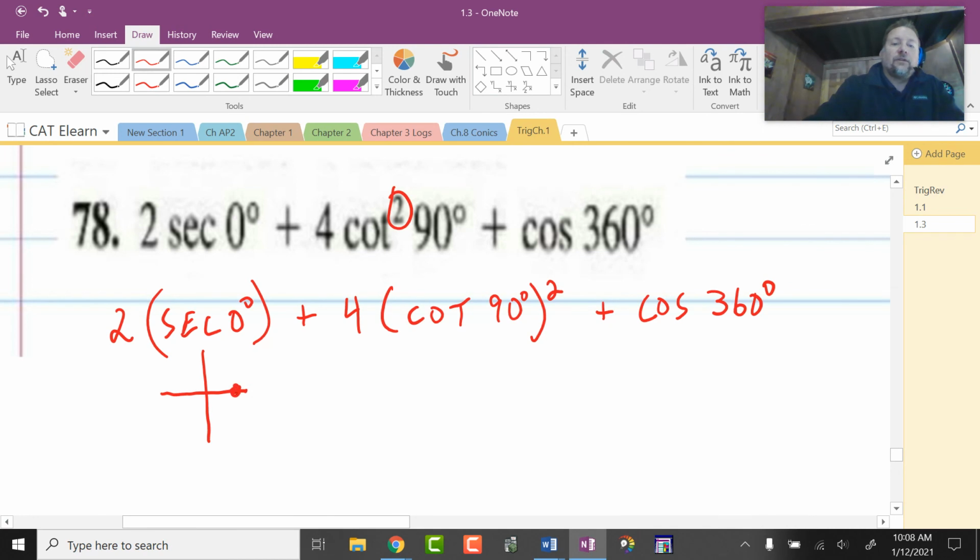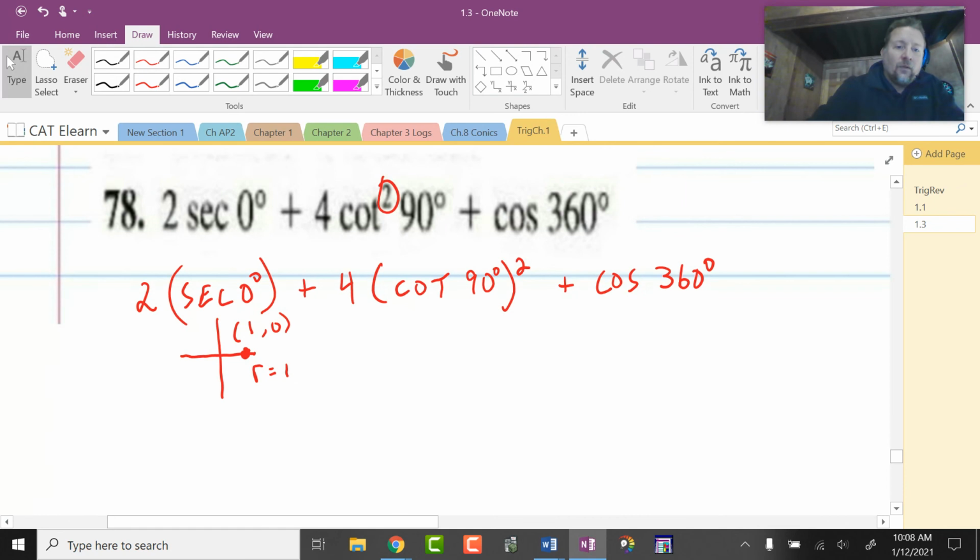Here's 0 degrees. We should know that that's 1 comma 0 that passes through with r equals 1. Secant is related to cosine, r over x. So secant of 0 is 1 over 1.